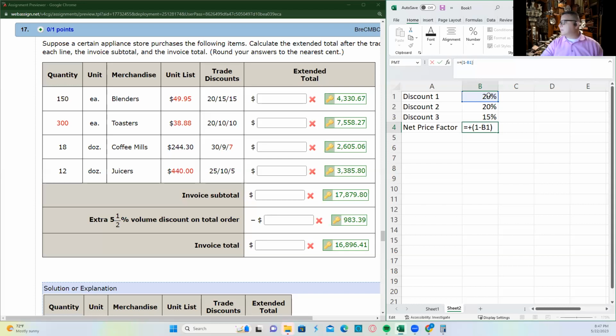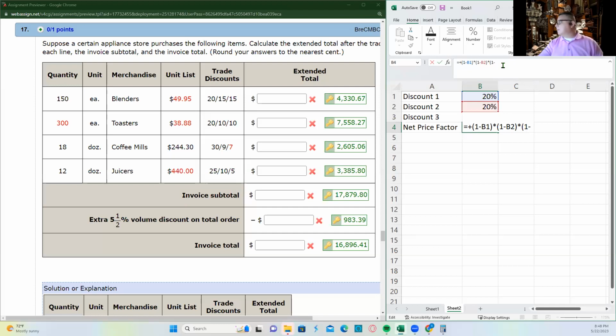There we go. All right, so what we have is 100% minus this times 100% minus this times 100% minus, doggone it. What is that going to be?